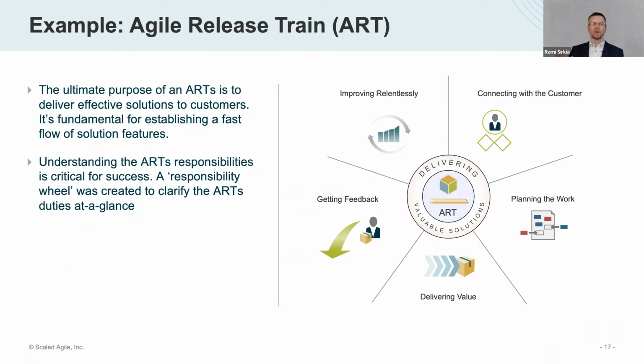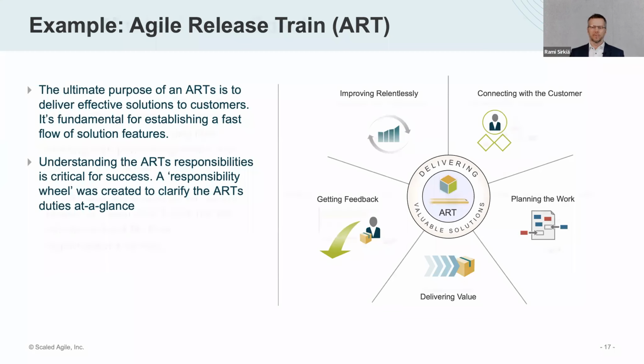They should be optimizing what you are going to do in the next increment. So that's a period of time that you are maximizing the value, i.e. planning the work. And like it used to be, program execution used to be one of the four values. Now it's here, focusing: the ART is the one who should be delivering the value. Obviously, really important, getting the feedback and relentlessly improving.